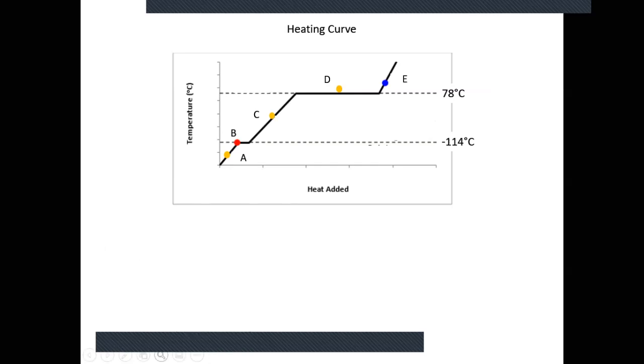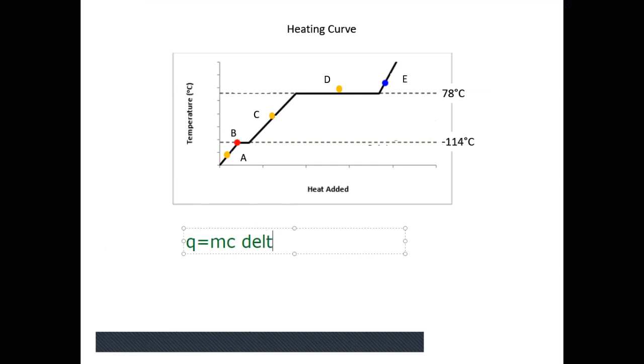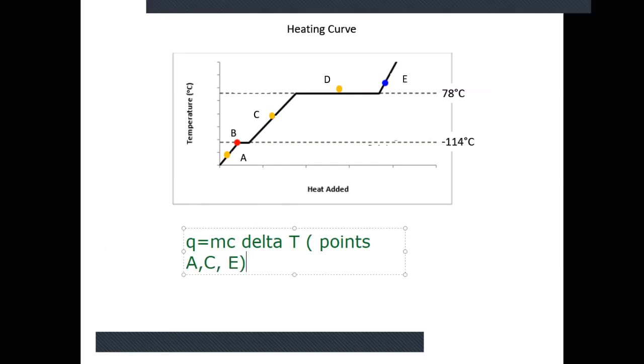We use Q equals MC delta T. For points A, C, and E, which are on slants, we use Q equals MC delta T.